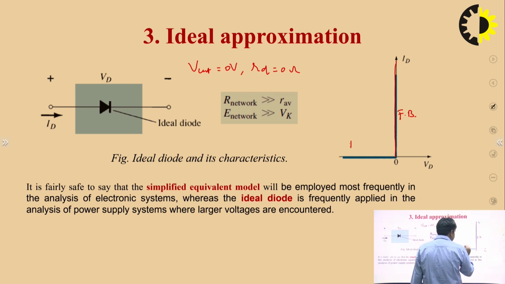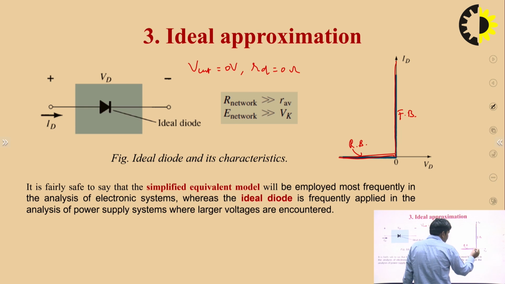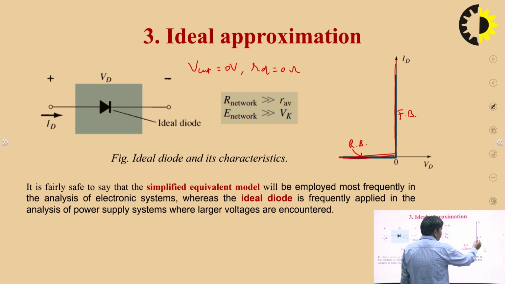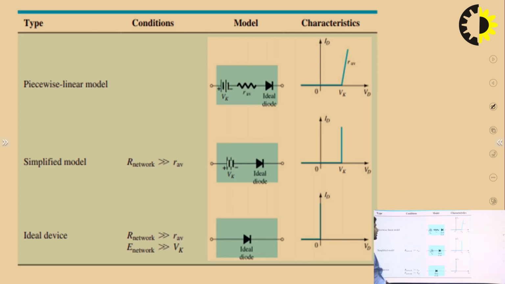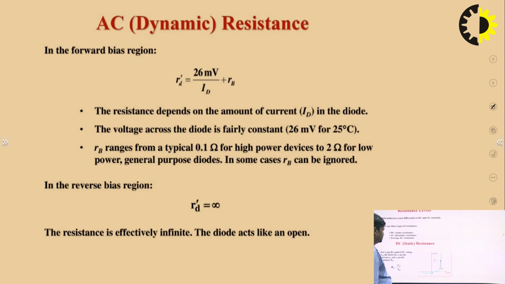But in reverse bias condition, no current flows, so the saturation current should be 0. So it works as a short circuit in forward bias and an open circuit in reverse bias. This is the ideal approximation of a PN junction diode. So this is the piecewise linear model, this is the simplified model, and this is the ideal device. This is a very, very important question regarding the AKTU examination.